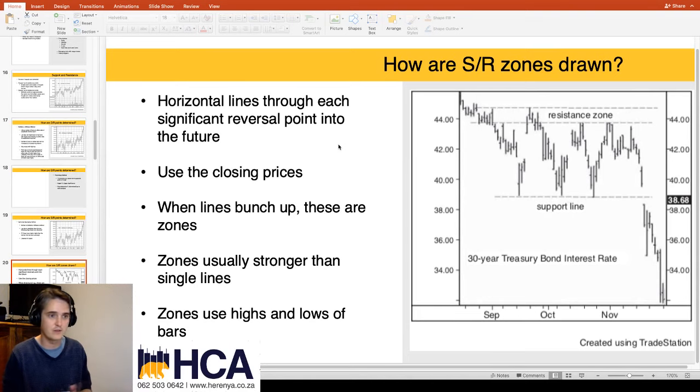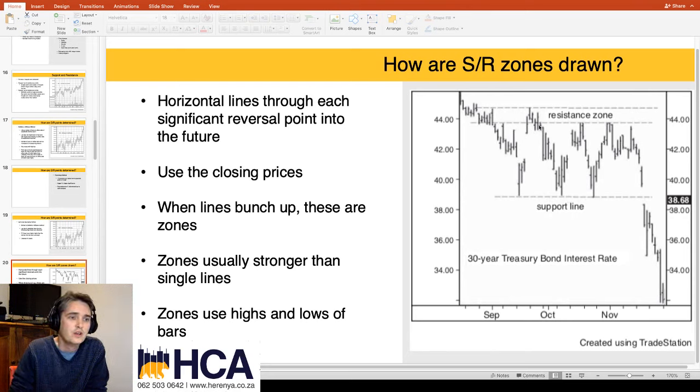Or that day, if you're using hourly time frames, whatever. You may find that a number of different lines are starting to bunch up together. So now you're starting to identify that zone, right? I'm going to use this as an example here.